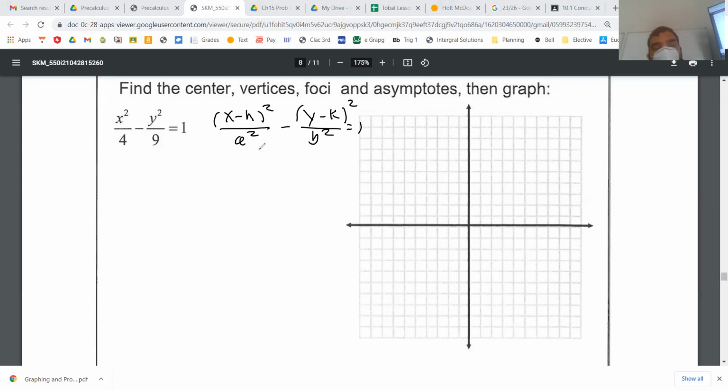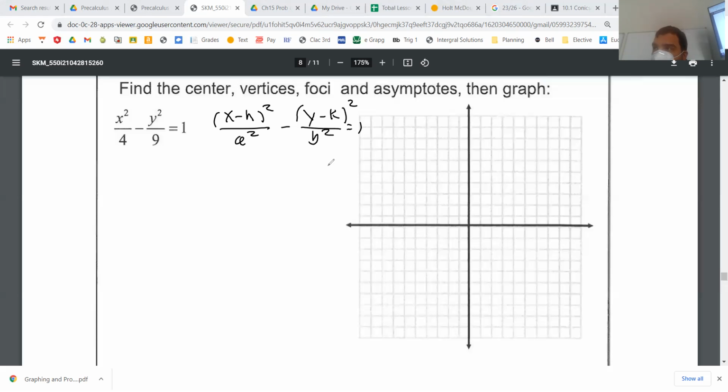Another concept: usually our a squared, b squared in the ellipse was decided on which one's the largest. That's not necessarily true anymore. It's going to be which one's positive and which one's negative. So a squared is always with the positive one and b will always be with the negative one. It's always a minus b. It's not the same equation, just the minus.